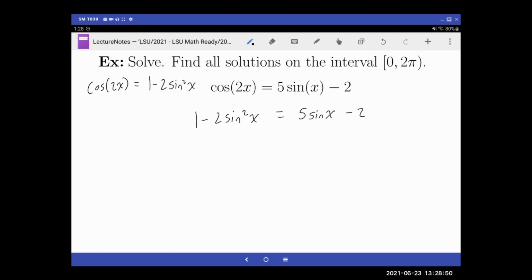Okay, so let's add 2 sine squared x to both sides. So it's positive. We have a positive 5 sine x. Subtracting 1 from both sides will give me a -3. So 0 equals 2 sine squared x plus 5 sine x minus 3.